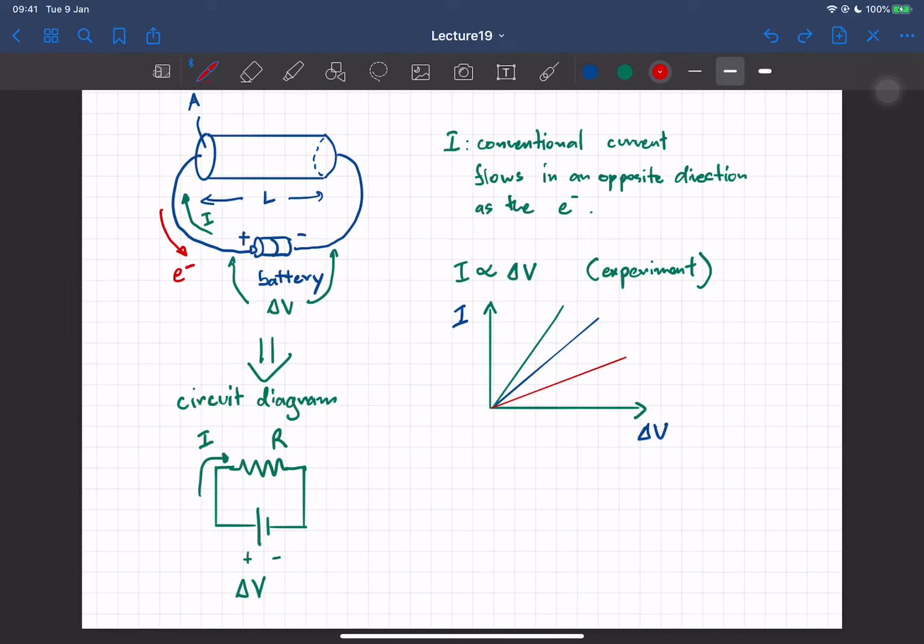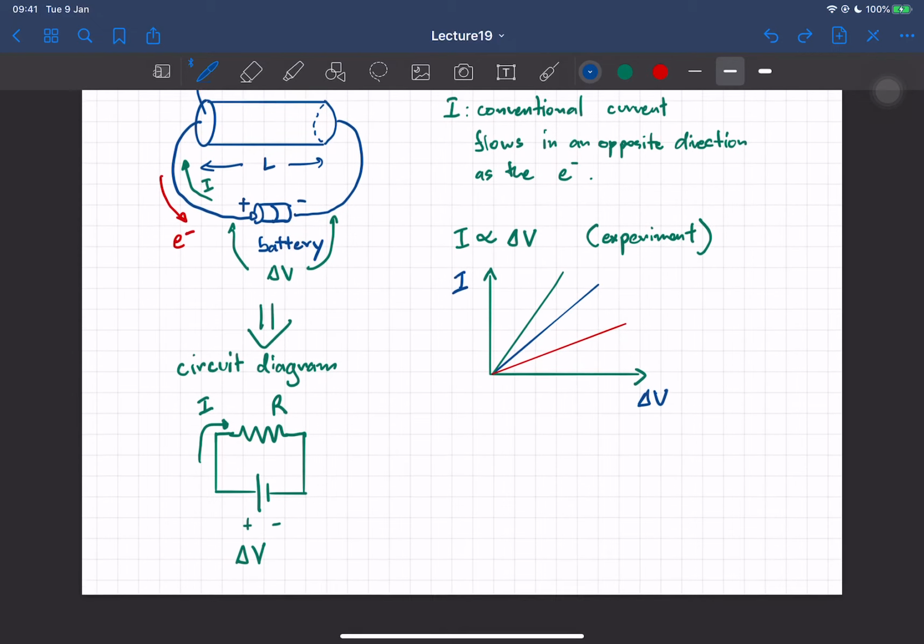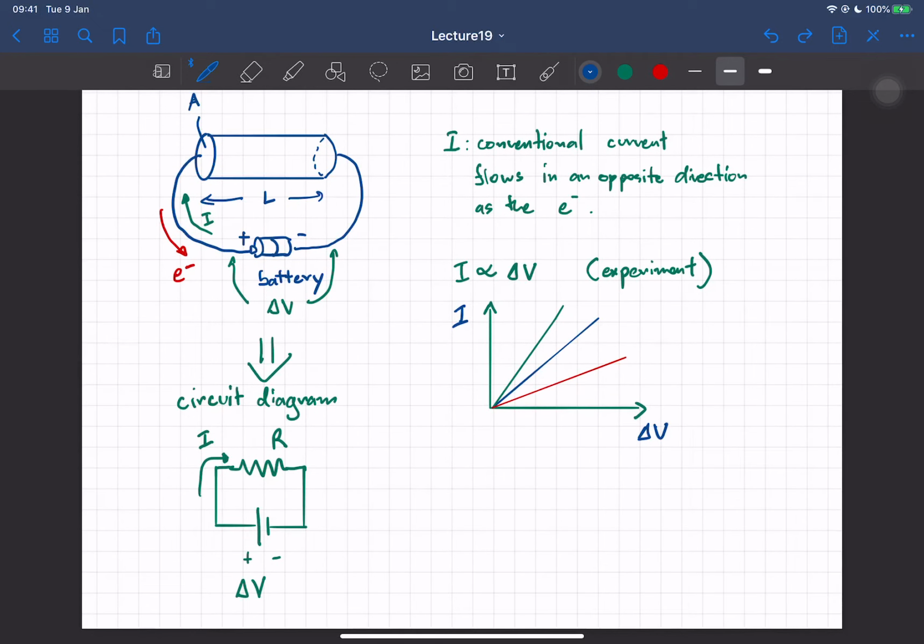Okay, so because of this, we're gonna define the proportional constant, I equals 1 over R times delta V. And the reason why we define it like this is because we want to call R the resistance.